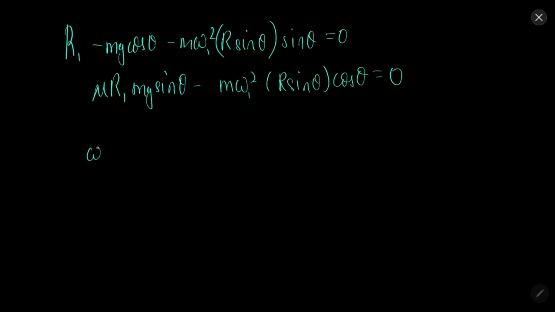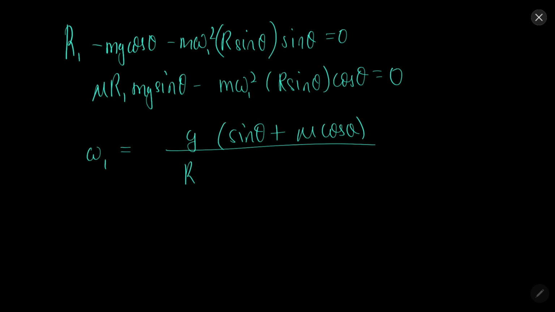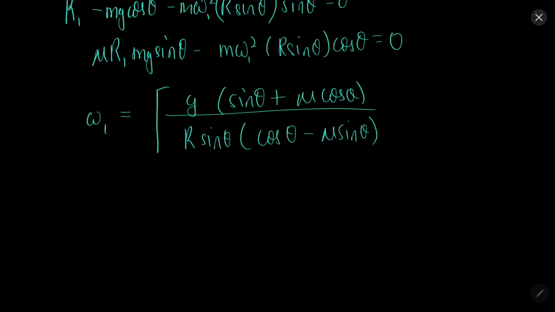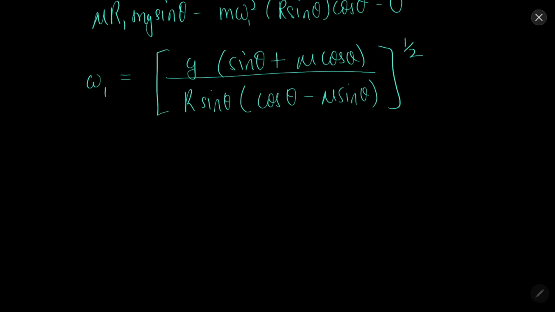When you try to solve this, you will find omega 1 equal to g times sin theta plus mu cos theta over r sin theta cos theta minus mu sin theta, to the power 1 by 2.